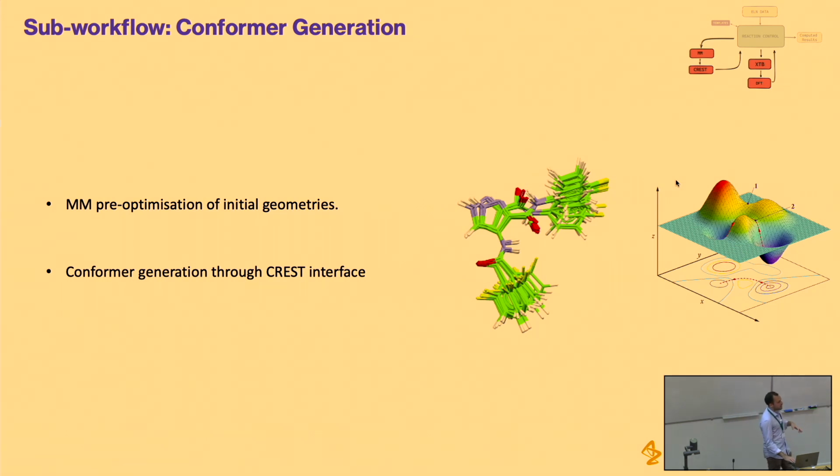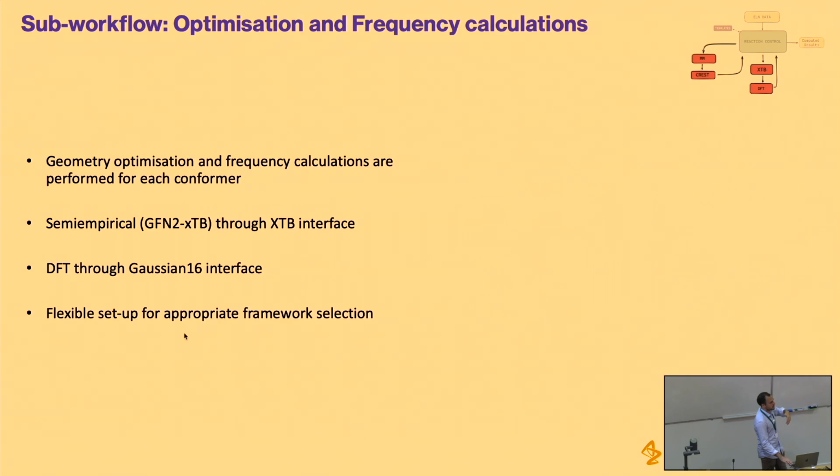So in this case, we just run a quick molecular mechanics pre-optimization to remove any steric strain, and then we do conformer generation with CREST, which is a metadynamics method based on semi-empirical calculations. For each of the components that I showed before, the conformers are generated and passed to the next step, which is the optimization and the frequency calculation.